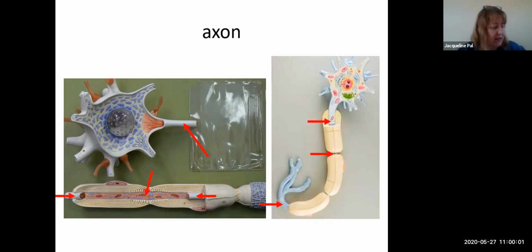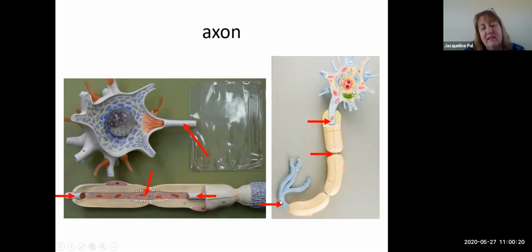And so if you look at the picture on the far right, we have dendrites coming into the cell body. Then we have the cell body with most of the organelles. Then we have this triangular area, which is the axon hillock, from which we are going to have the axon.